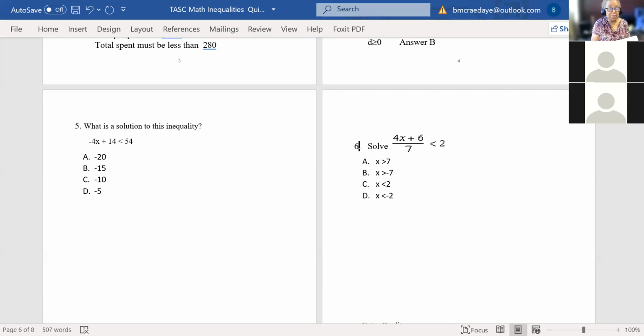Okay, Maureen, you can go ahead and solve it. It's a division, so do your multiplication. 4x plus 6.